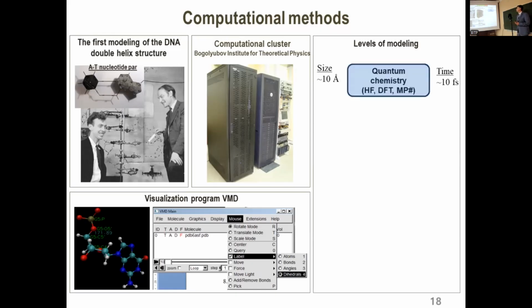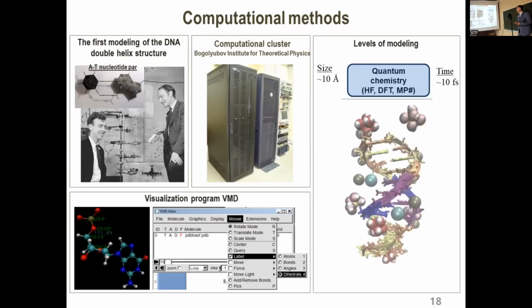We can do the simulations at different levels. At the electronic level, we use quantum chemical calculations like DFT. This is a system size of 10 angstroms and a time scale of 10 femtoseconds.